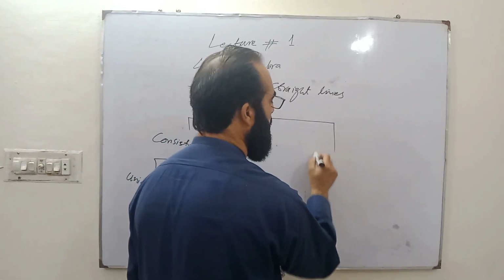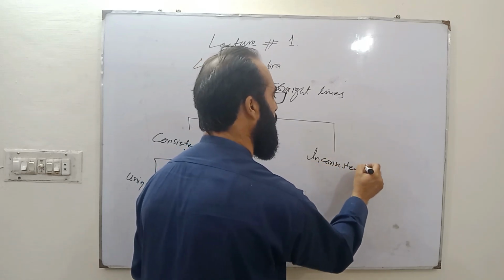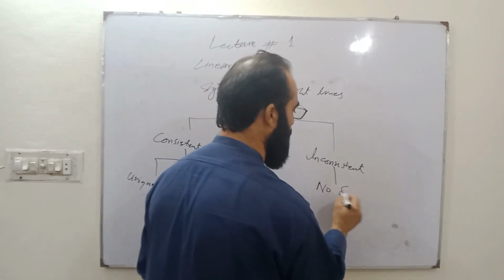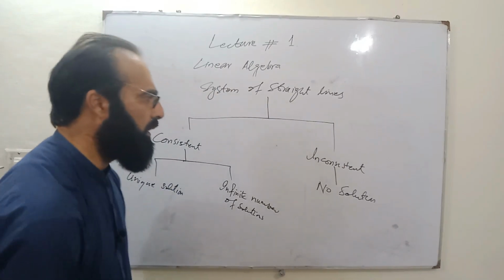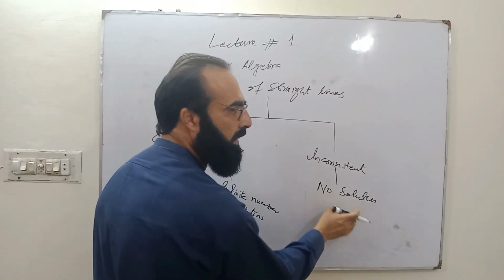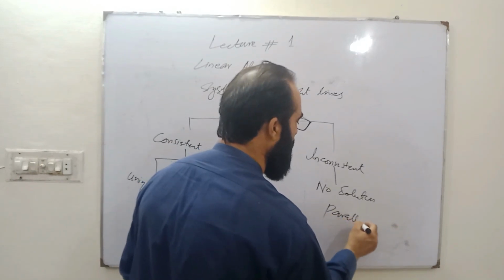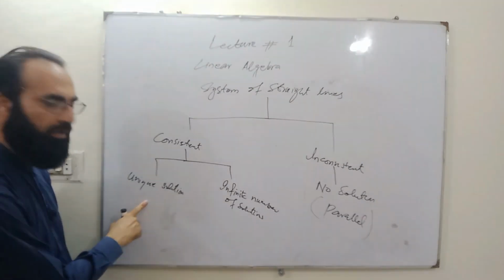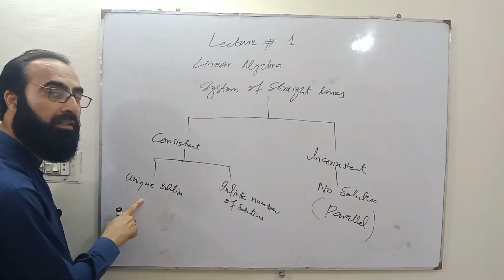And in an inconsistent system, the system has no solution. In this case, basically the straight lines are parallel. And in case of unique solution, the straight lines are intersecting each other at a single point.